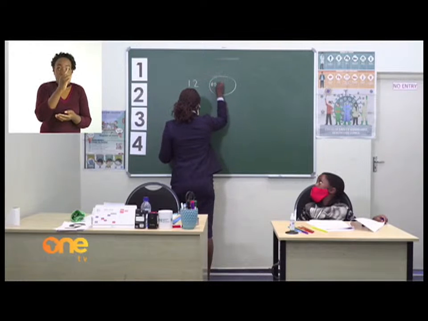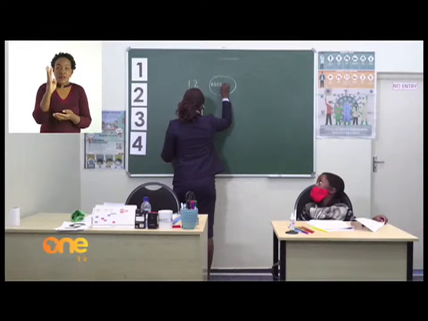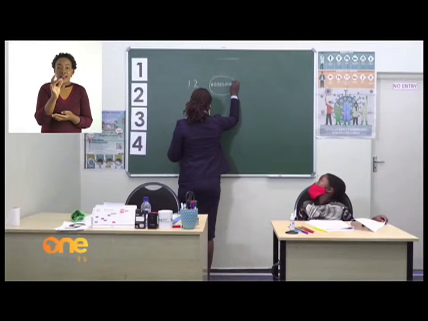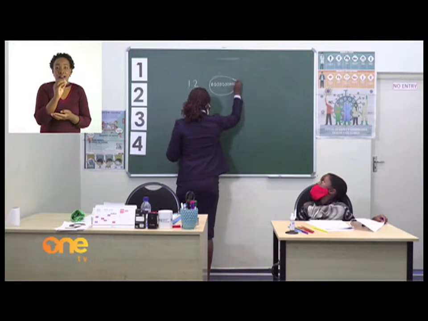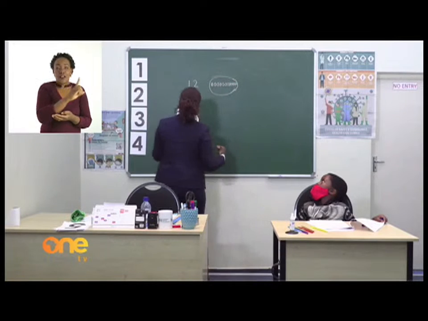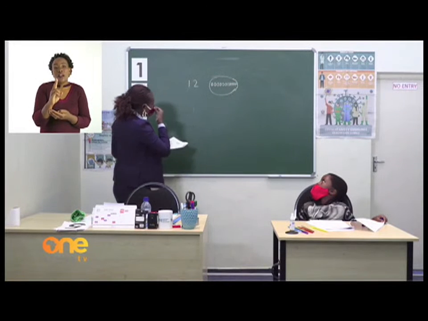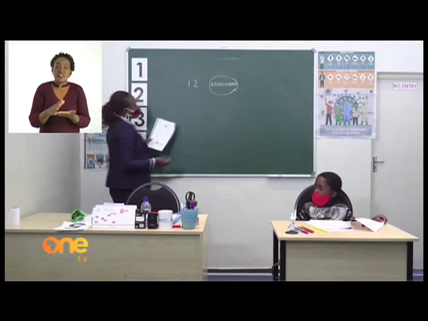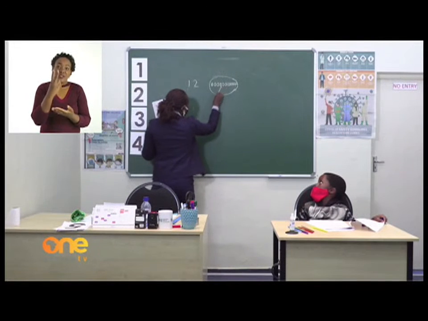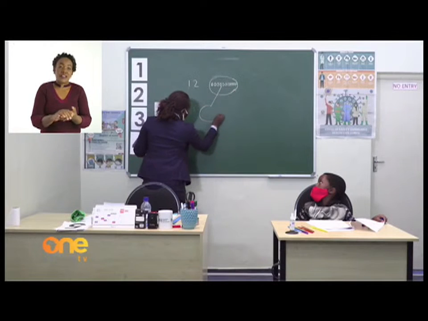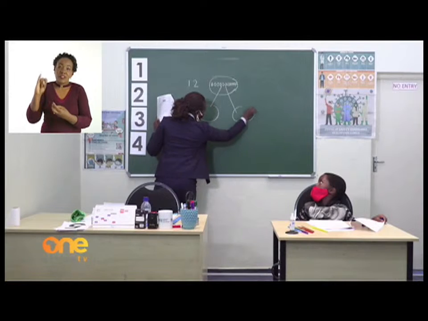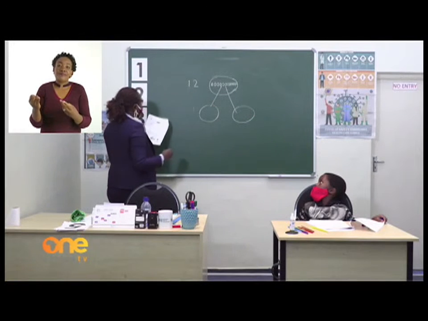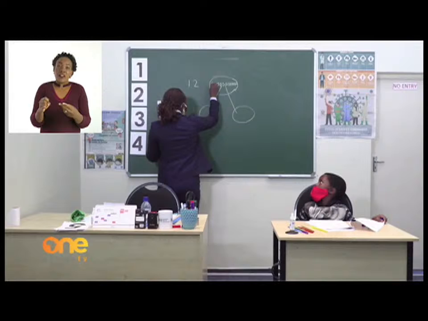1, 2, 3, 4, 5, 6, 7, 8, 9, 10, 11, 12. And we want to share the sweets between my 2 friends, Tom and Jerry. Okay. So this is what we are going to do.